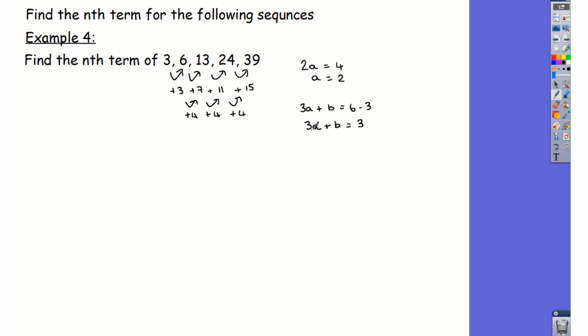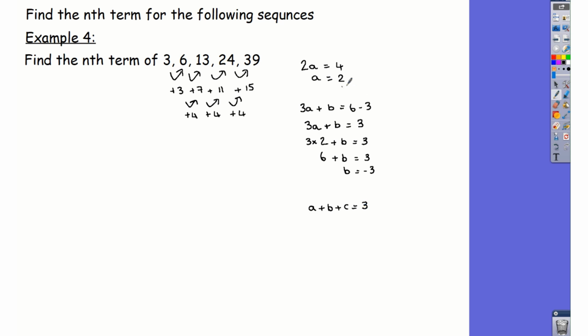I know a is equal to 2, so I've got 3 times 2 add b is equal to 3. 6 add b is equal to 3. So b is equal to negative 3 in this case, because we do 3 take away 6. We know that a add b add c is equal to our first term, which is 3.